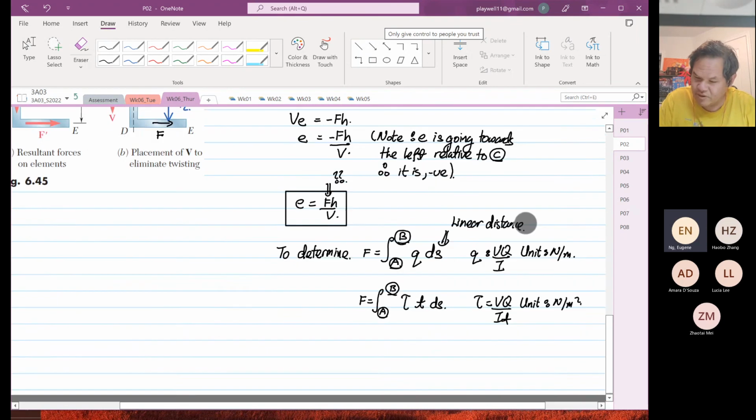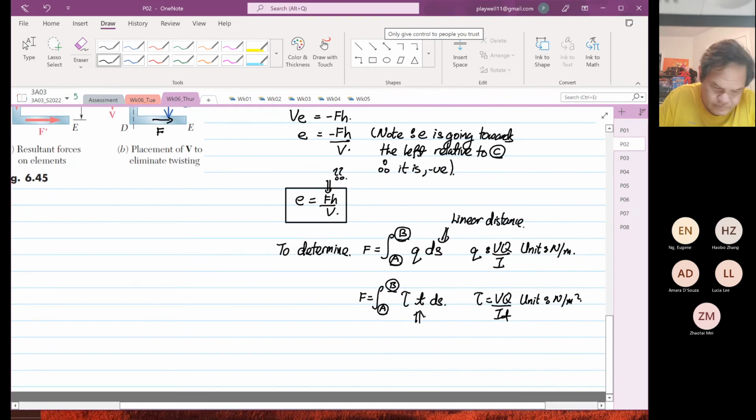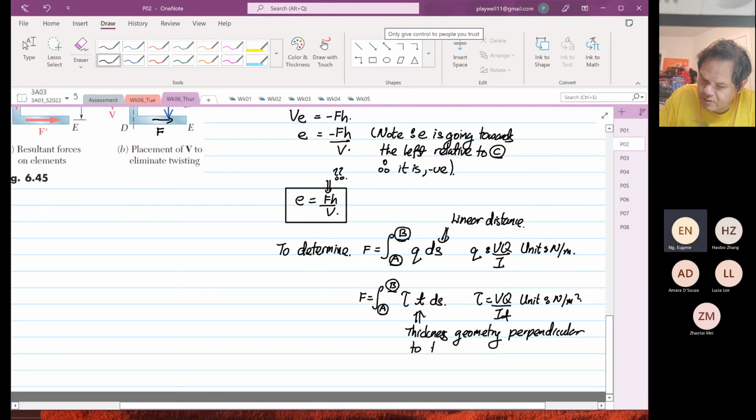So the T here is the thickness geometry perpendicular to the shear force.